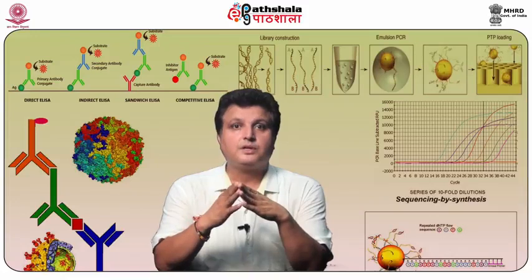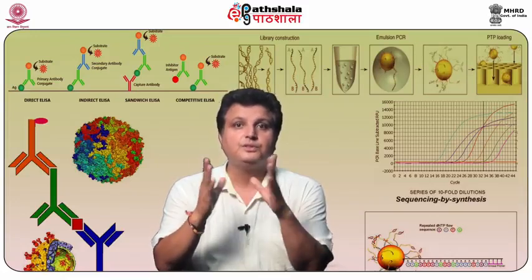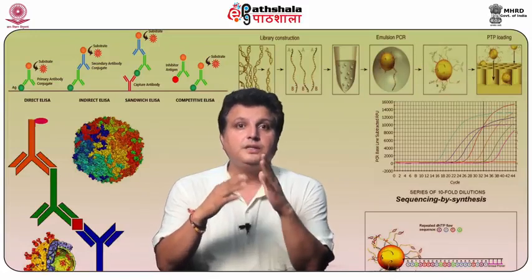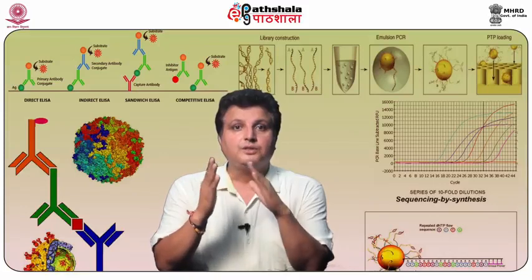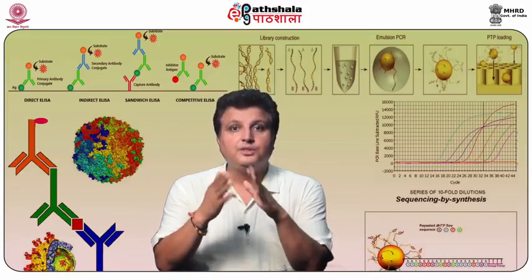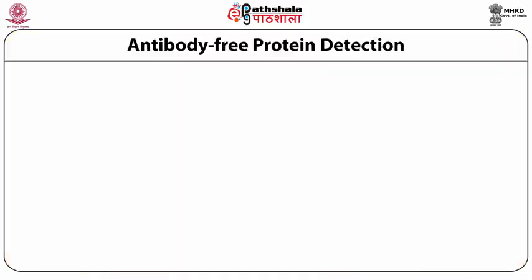The Western blot can be used for detection and quantification of individual proteins, where in an initial step a complex protein mixture is separated using SDS-PAGE, and then the protein of interest is identified by using an antibody.